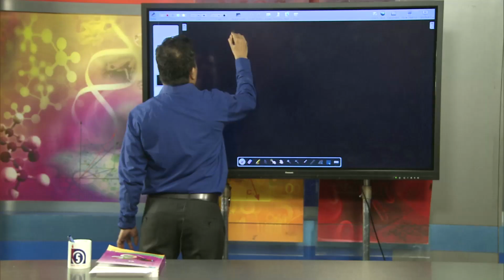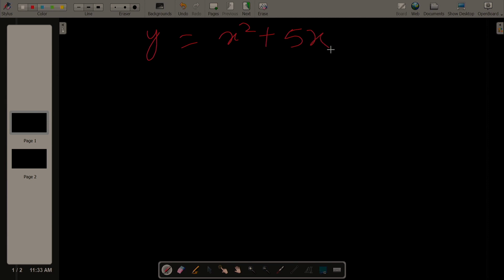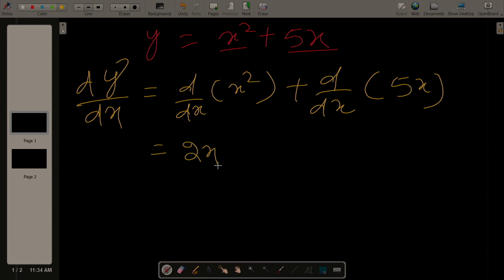For example, suppose y equal to x square plus 5x. x square is one function, 5x is another function, and we are going to find dy by dx. dy by dx is equal to d of dx of x square plus d of dx of 5x, which is equal to 2x plus 5, because the derivative of x square is 2x and the derivative of 5x is 5.